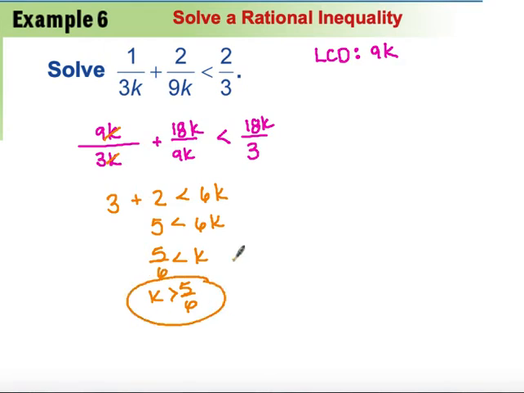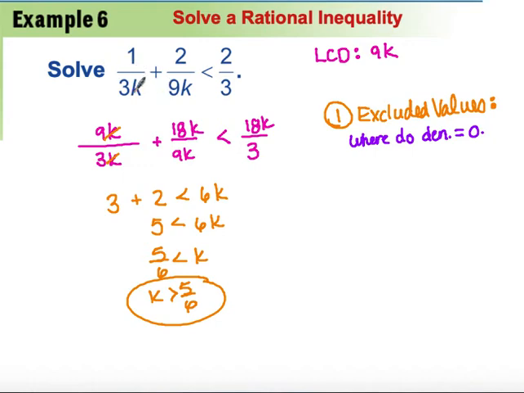Now, I need to take into consideration what is not allowed. So I want to first look at any excluded values in this problem. My excluded values would be where any denominators equal 0.